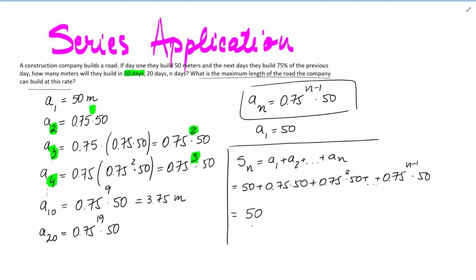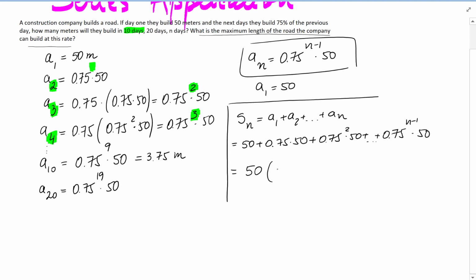And if we factor out 50, we end up with 1 plus 0.75 plus 0.75 squared plus up to 0.75 to the n minus 1.